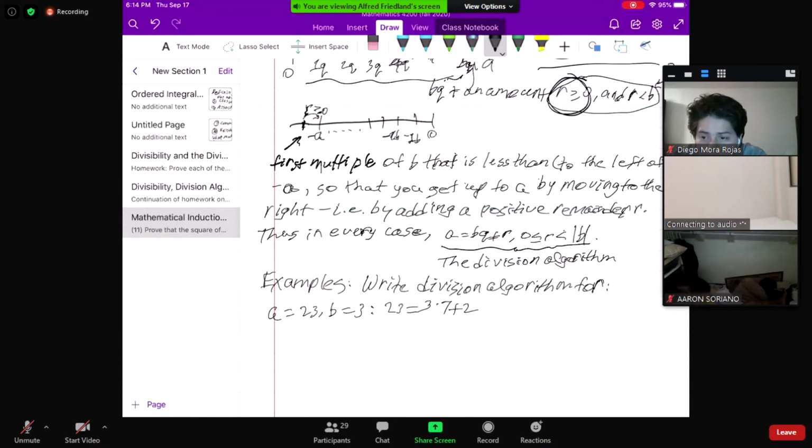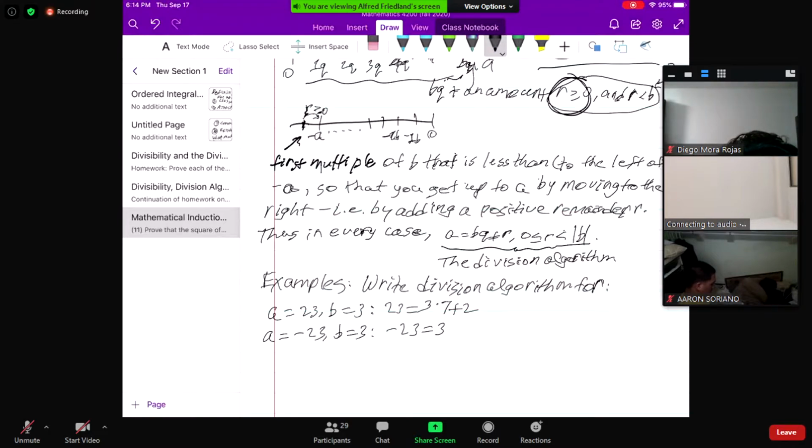Now what happens if A is, like in the second diagram above, negative 23, but B is still positive 3? What's that going to look like? So now we're going to write negative 23. That's your A. There it is. A equals negative 23. And then we'll write, so the divisor is 3.